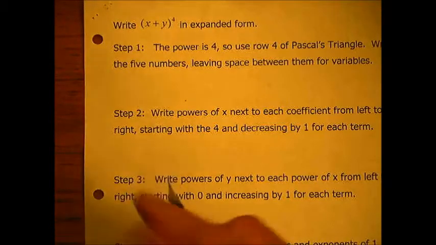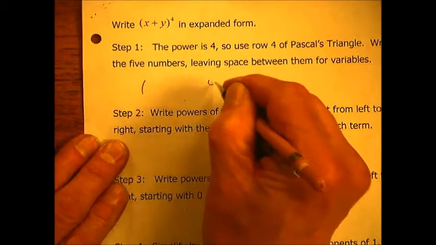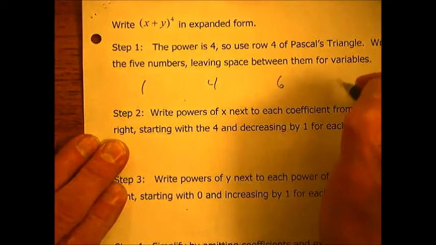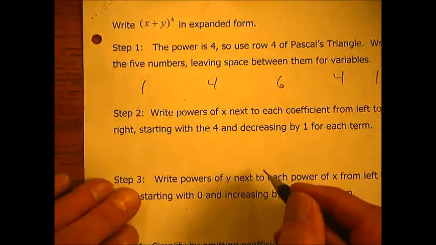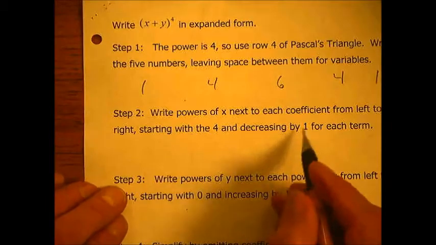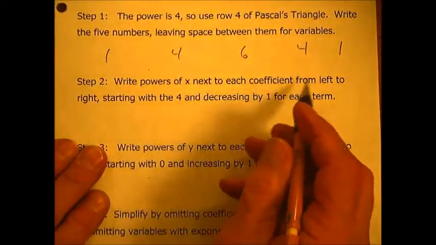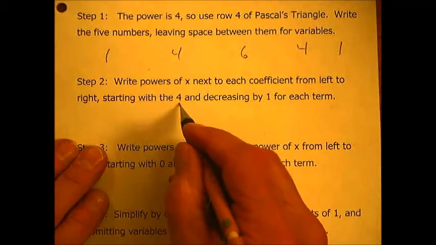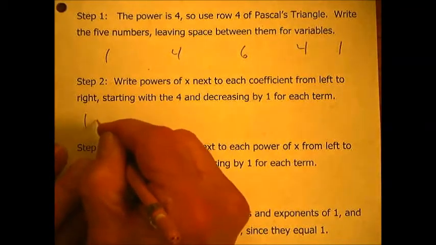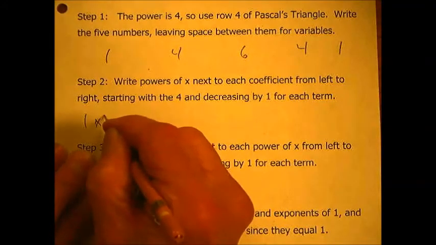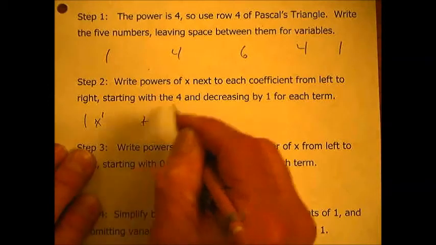Our numbers, if you look at Pascal's triangle, are going to be 1, 4, 6, 4, and 1. Okay, and then we're going to write powers of x next to each coefficient from left to right, starting with the 4 and decreasing by 1 for each item.